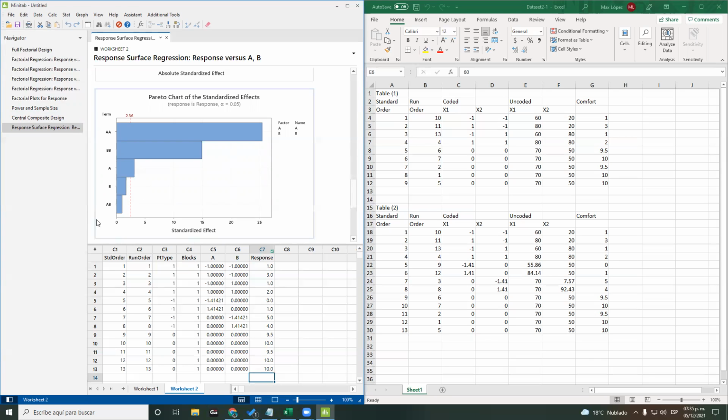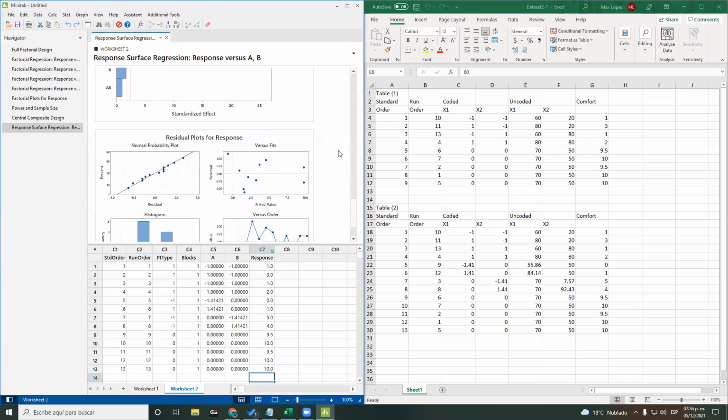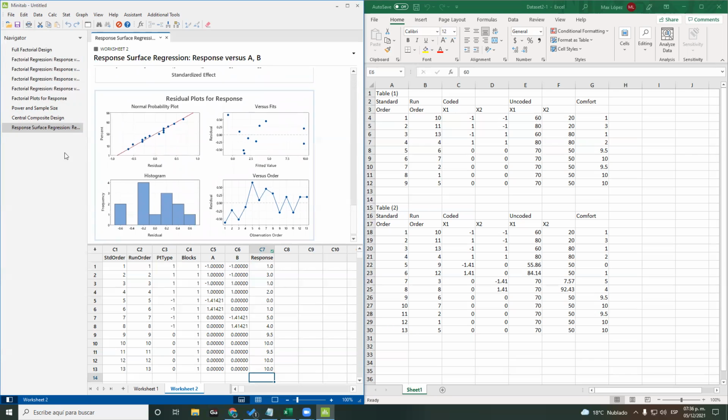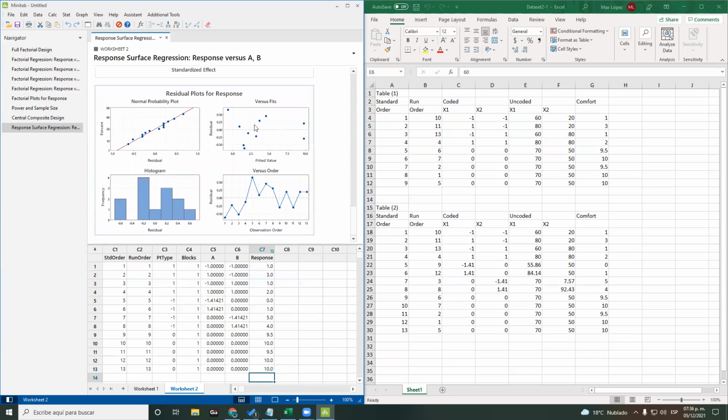And B is non-significant too, but I will not remove it because the interaction with B is more significant. Analyzing our normal probability plot, we can see that our data is normally distributed. Not like the previous analysis, and the randomization seems to be quite nice.